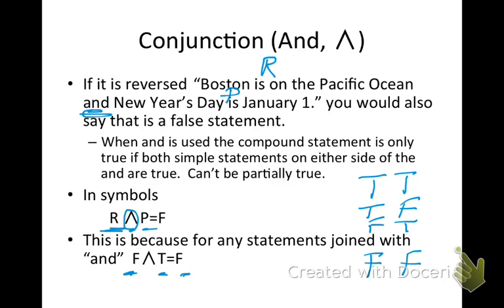Every time I set up a truth table for two statements, I am going to get 4 rows: 1, 2, 3, 4. I'm always going to have the letters going in alphabetical order, left to right. I'm going to start with 2 trues, then 2 falses, then I'm going to alternate. That will ensure that I get every possible combination and I don't repeat any. That will be something we will work on in class too.